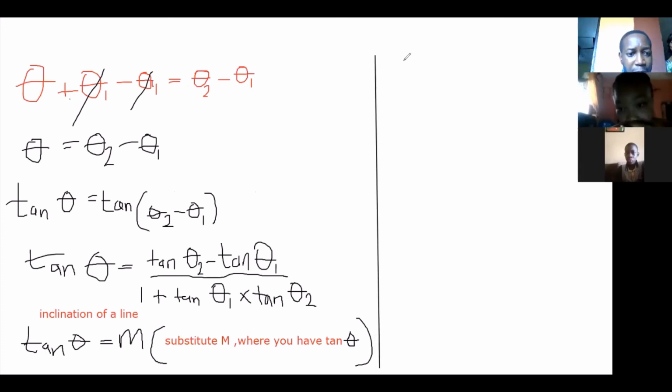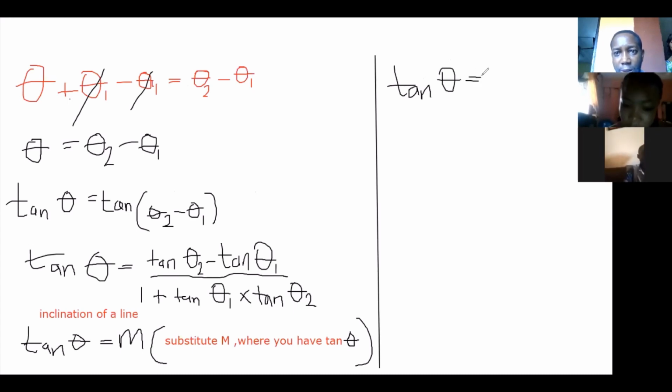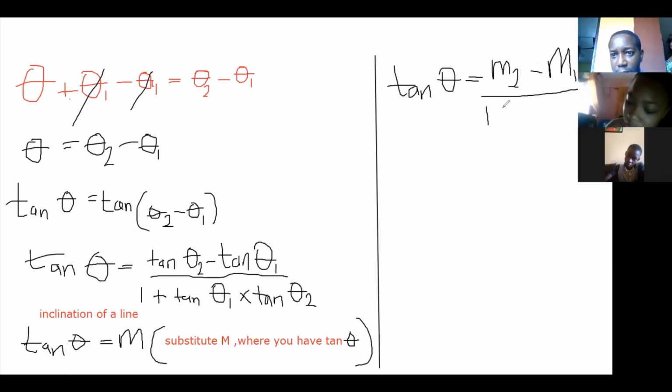Replacing tan theta with m, the formula is: tan theta equals m2 minus m1 all over 1 plus m1 multiplied by m2.